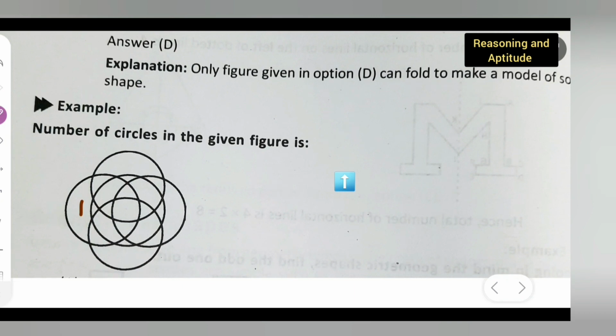There is one circle over here, 2, 3, 4, and in between there is one more circle. Which one is it? Here, 5. Yeah, this is the different circle. You'll have to see. So 5 is the correct option, right? So here I have given it to you all.